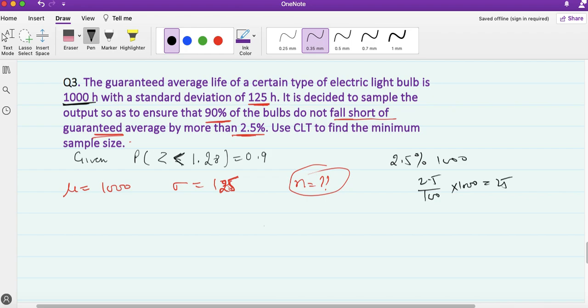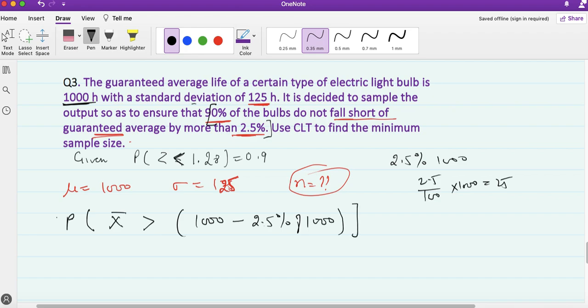So let us see the query. If I rewrite this line, to ensure that 90% of the bulbs do not fall short of the guaranteed average by more than 2.5%. What does it mean? It means we have to find the probability of average life more than 1000 minus 2.5% of this 1000.